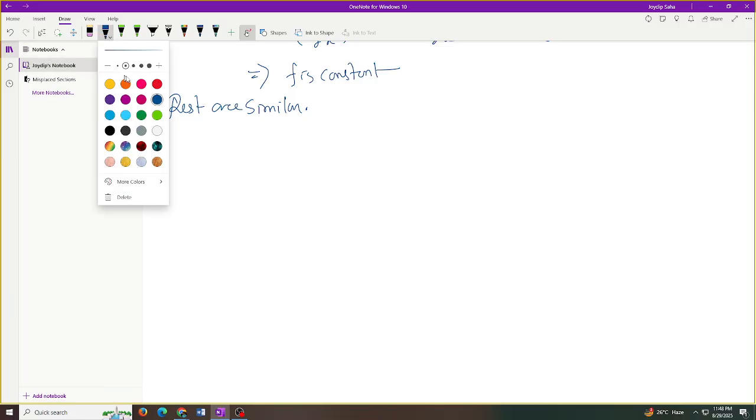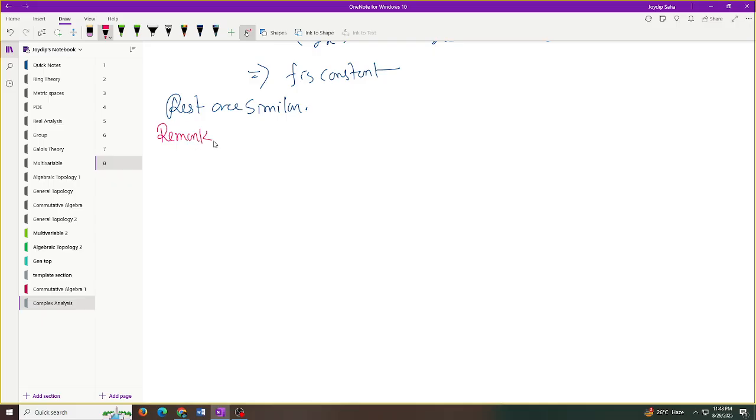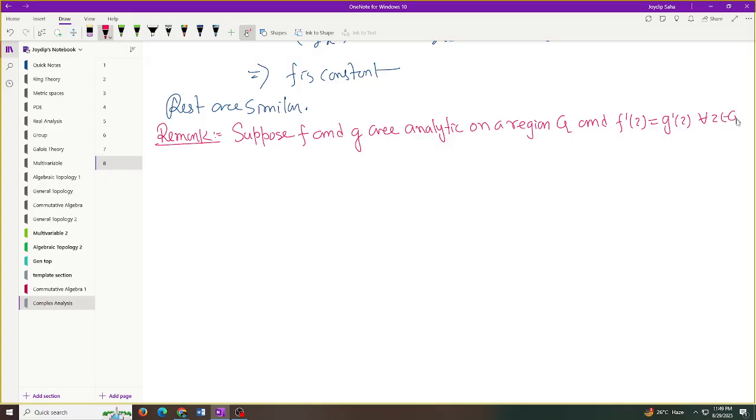So one remark: suppose f and g are analytic on a region G and f dash z equals g dash z for all z belongs to G, then f minus g is constant, that is C.